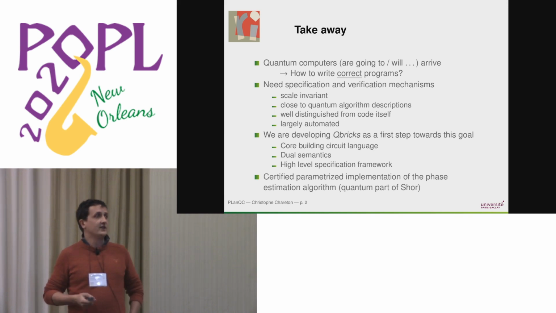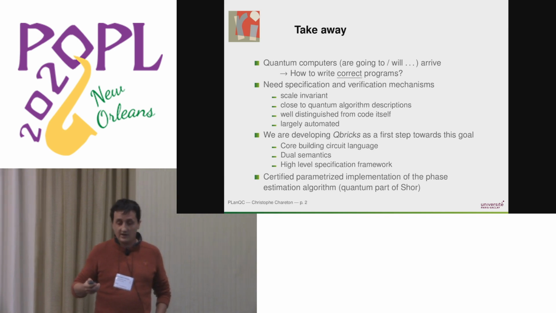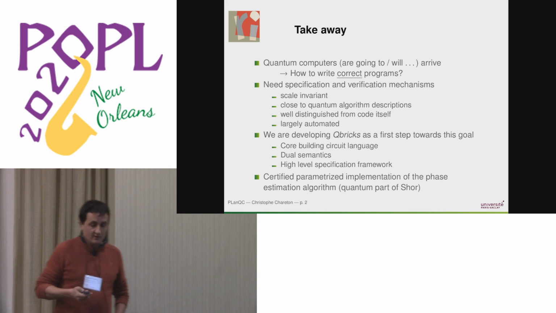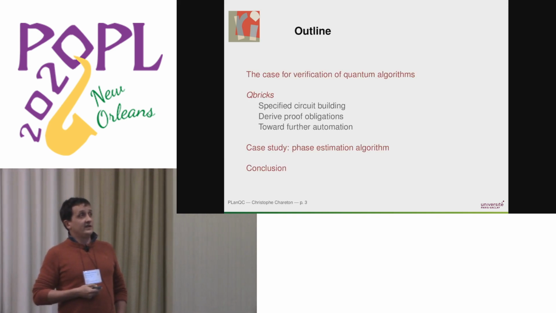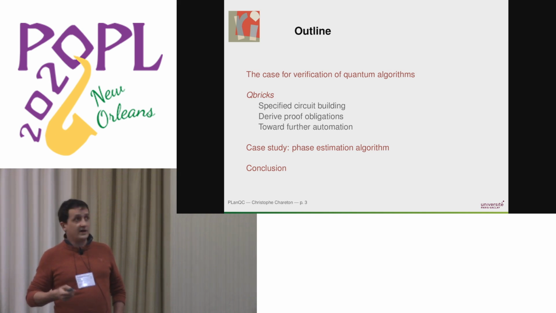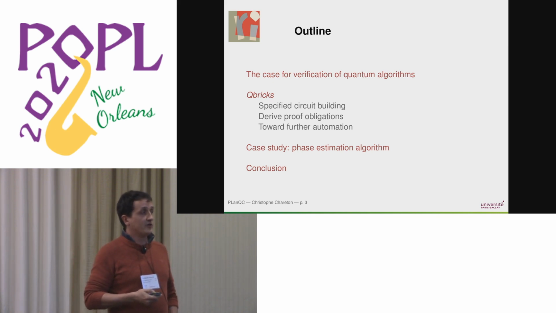And thanks to that, I could implement a certified parameterized version of the phase estimation algorithm as a case study. So I will first give a general word about the use of formal methods in quantum computing, then present briefly my contribution, Qbricks, and say a word about the case study.